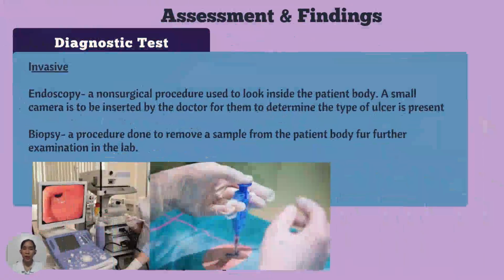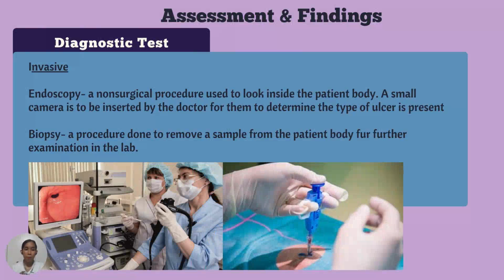These are the diagnostic tests that can be done in order to determine the presence of ulcer and also the presence of H. pylori. For the invasive test, we have the endoscopy. This is a non-surgical procedure used to look inside a patient's body. It has a small camera that is inserted by the doctor to determine the type of ulcer that is present, whether it is a duodenal ulcer or a gastric ulcer.